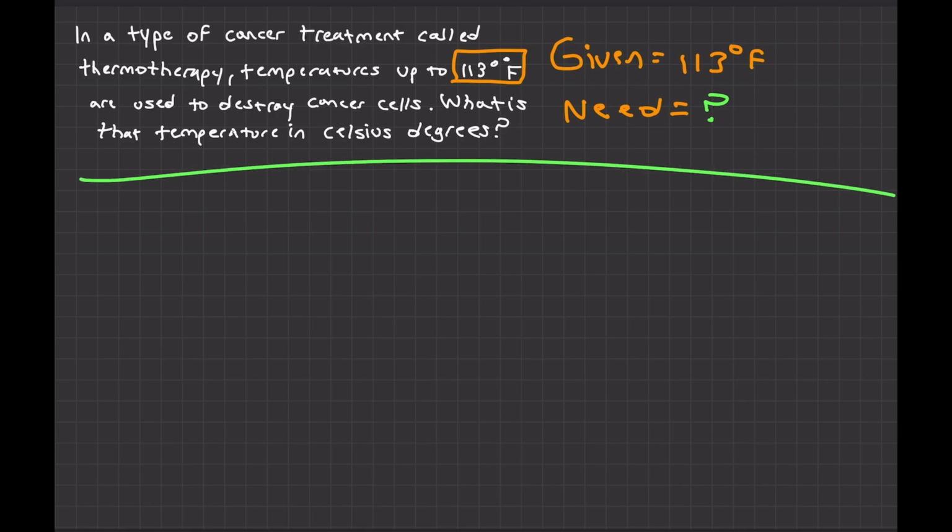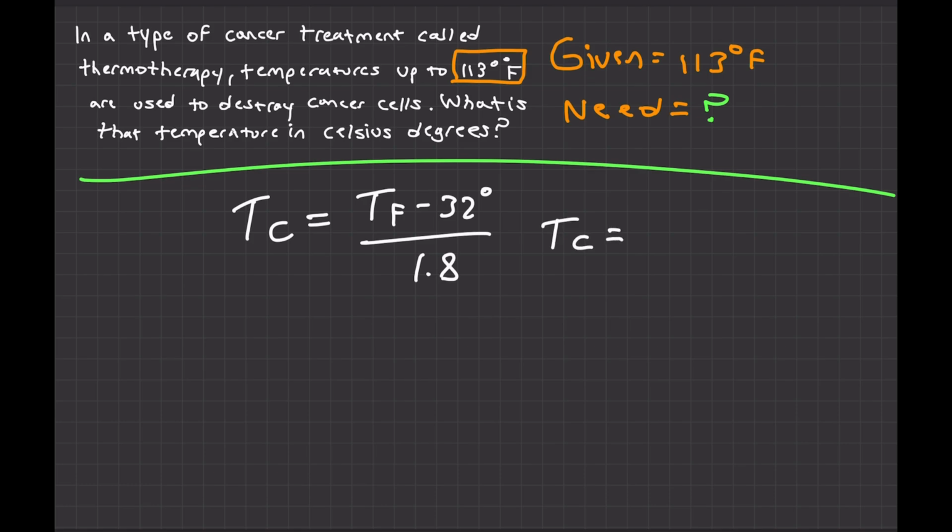So what we do now is we see the formula that we'll use, which is TC equals TF minus 32 degrees over 1.8. So let's go ahead and plug and play, right?